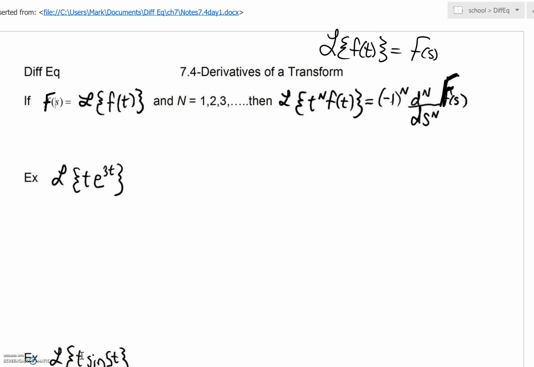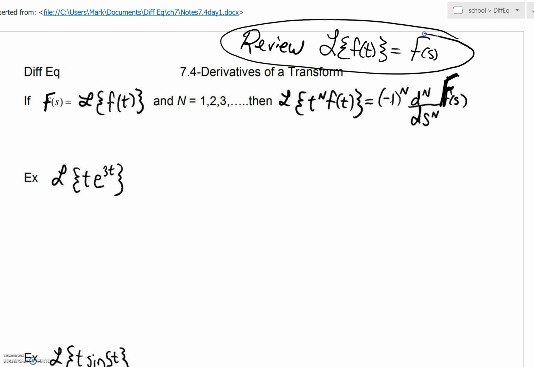Okay, differential equations, 7.4. Take a look at some review up here at the top. Let's just say, hypothetically, a Laplace transform of a function f of t is some other function, capital F of s. In other words, that's really what we have, just writing it backwards right here.